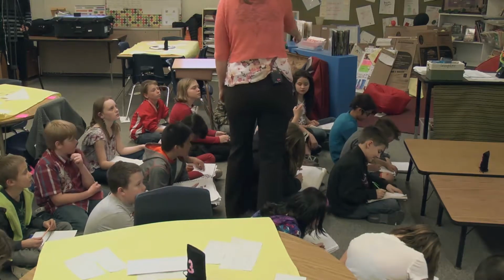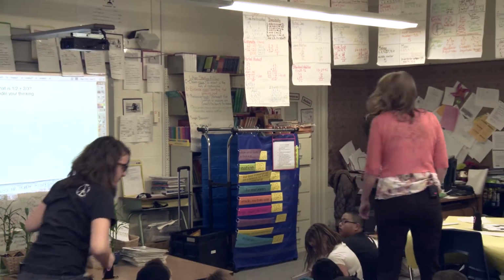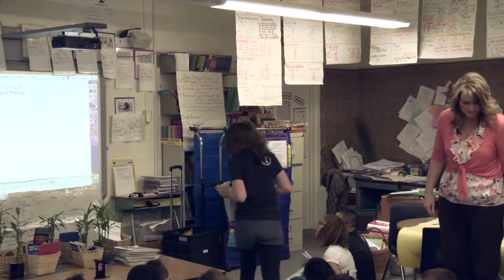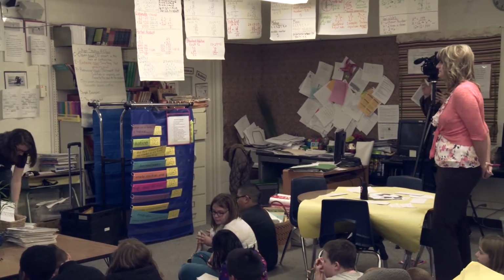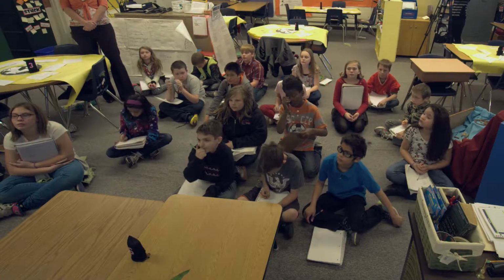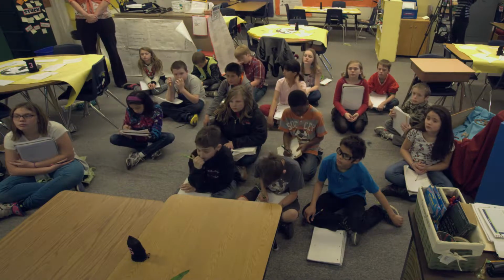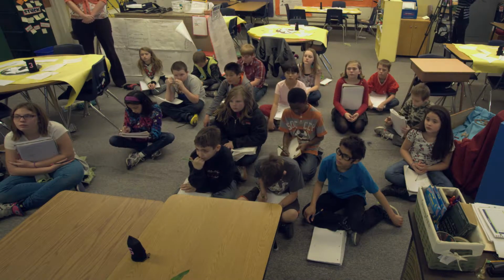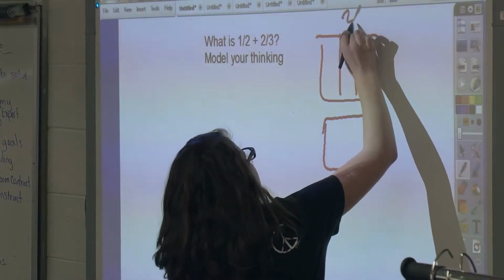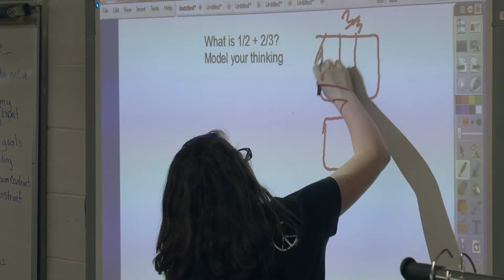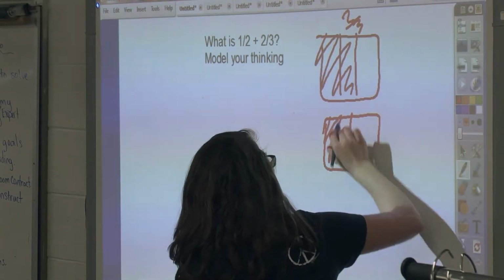All right, Allie, will you come up and share your strategy with us? What I did is I took 2 squares and I put one as 2/3 and one as 1/2.